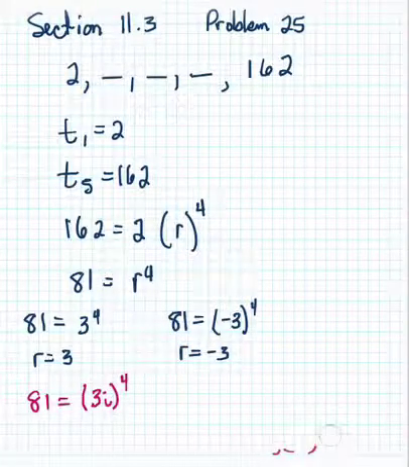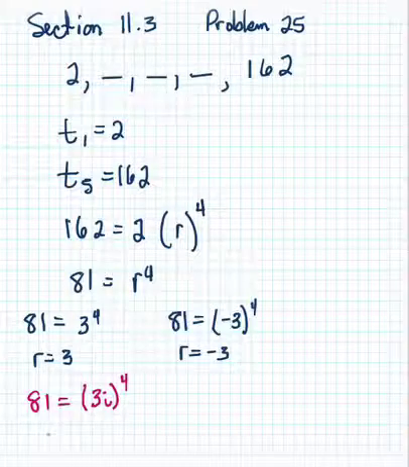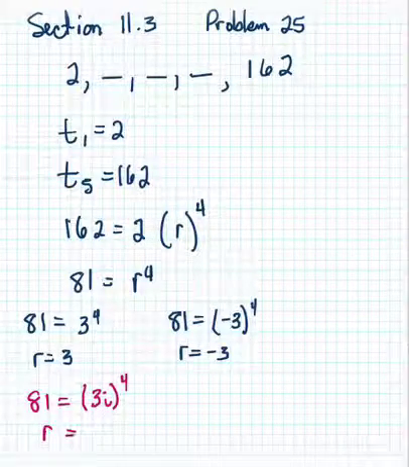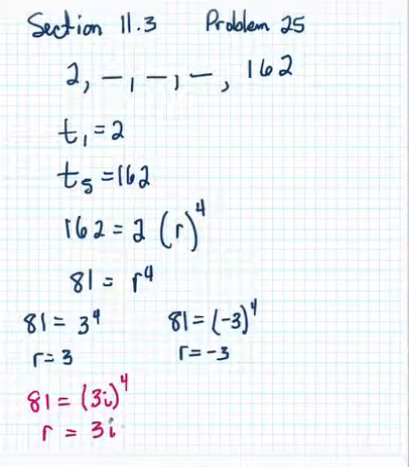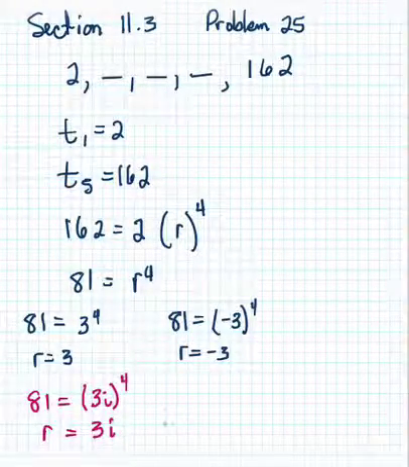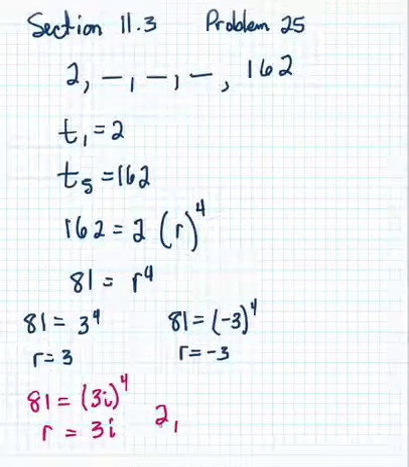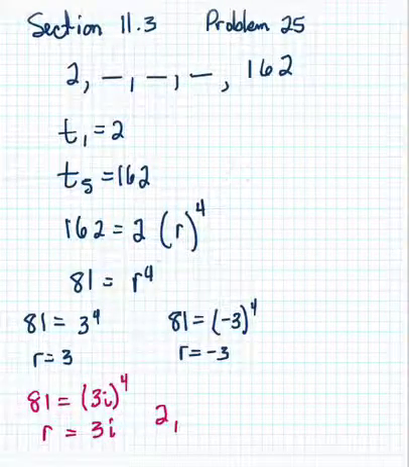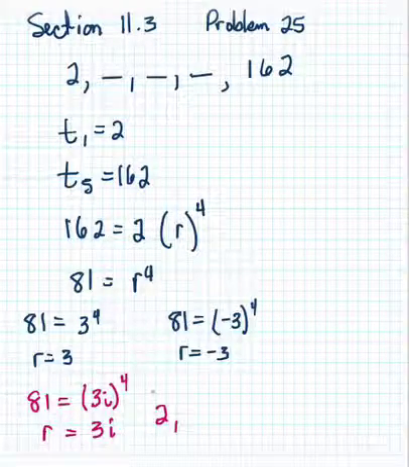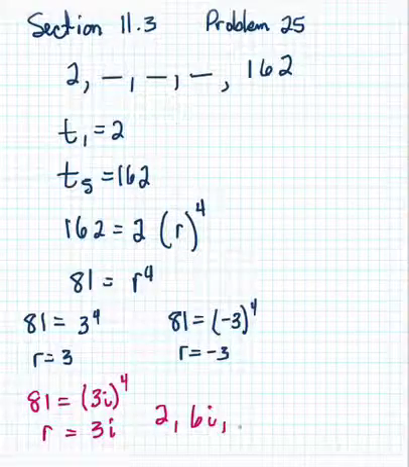Keeping that in mind, my common ratio would be 3i. So in the complex number plane, it would be 2 times 3i, which is 6i.